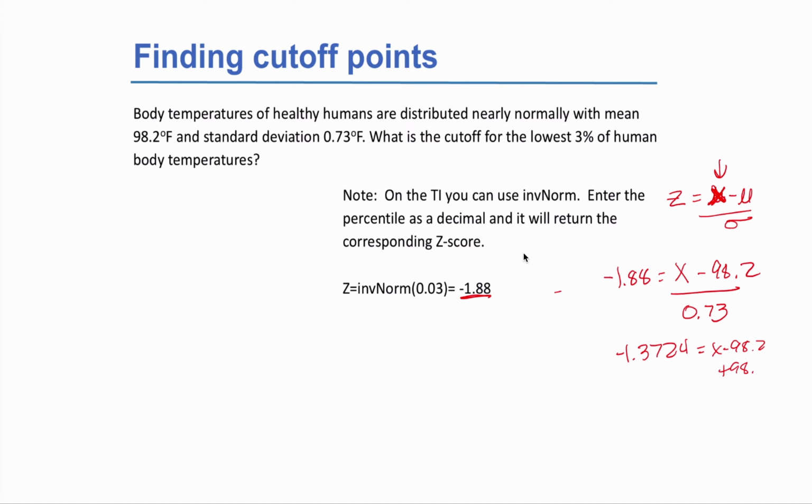Add 98.2 to both sides. And that gets you 96.83. Is the cutoff for the lowest 3%.